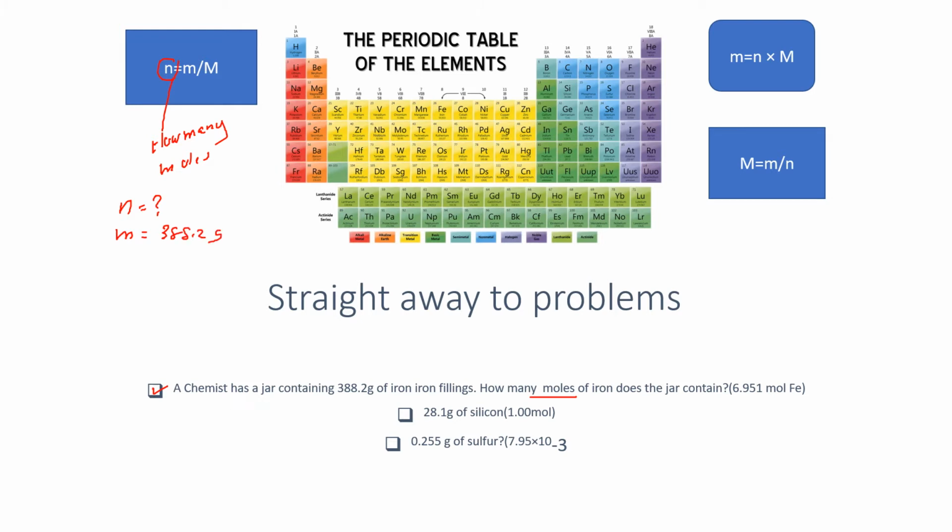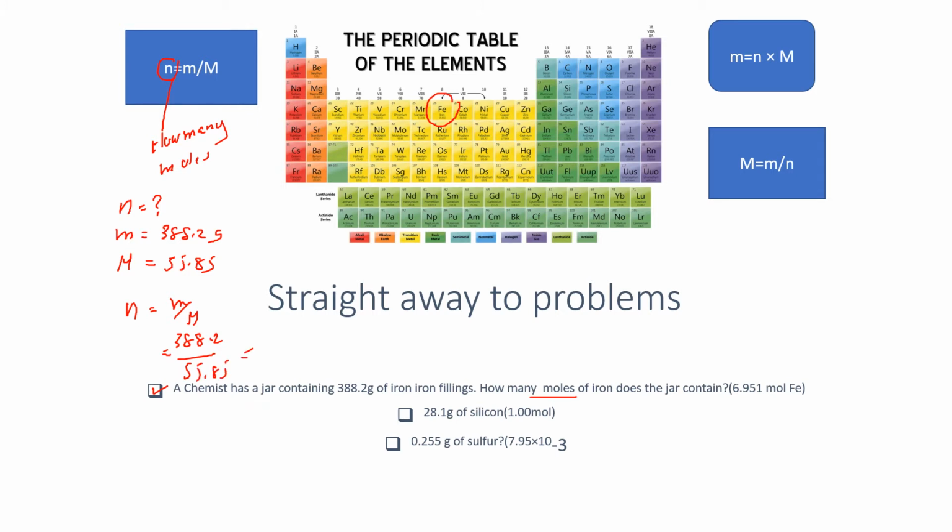Simple m is 388.2 grams, and the atomic mass for iron, we go to the periodic table, this iron here, says 55.85. So now n equals m over M. m is 388.2 divided by 55.85.